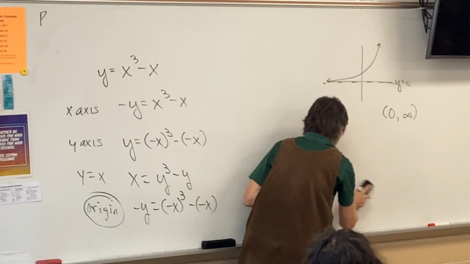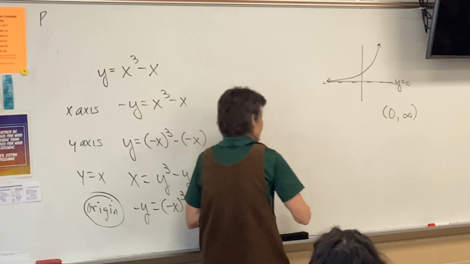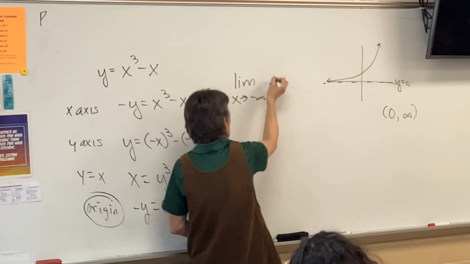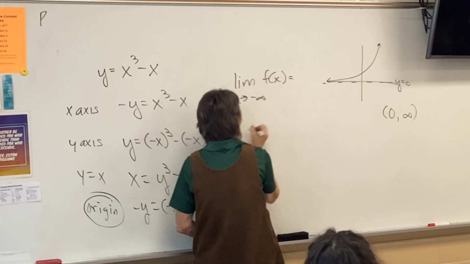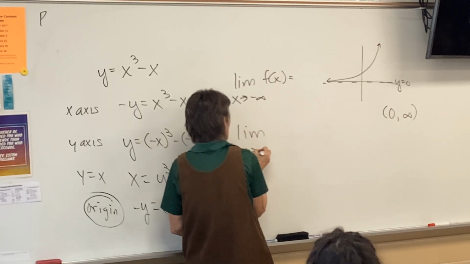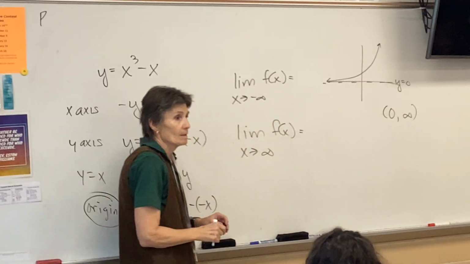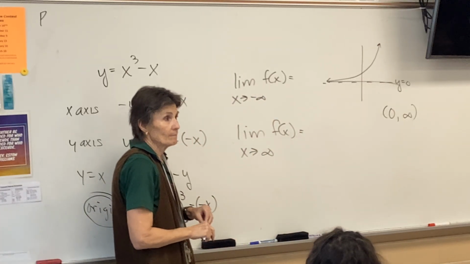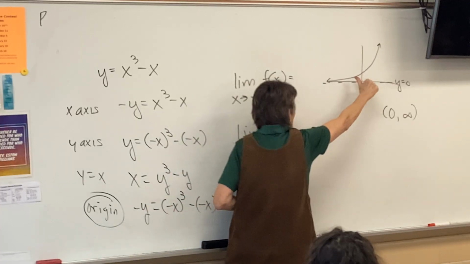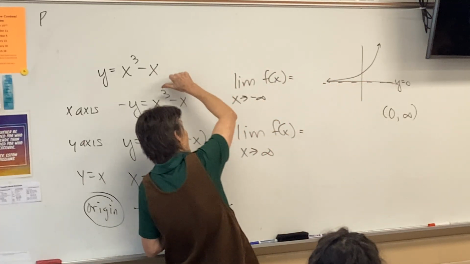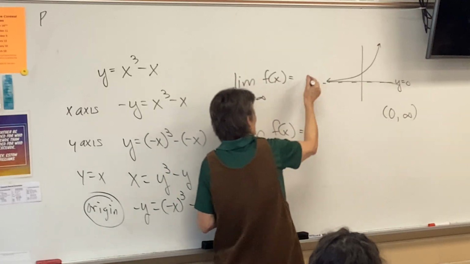And what is its end behavior? Remember the notation you use for end behavior. The limit as x approaches negative infinity, and the limit as x approaches positive infinity. Alright? So what happens at negative infinity? This is left. What happens as we go left? We approach zero. We get closer to zero.